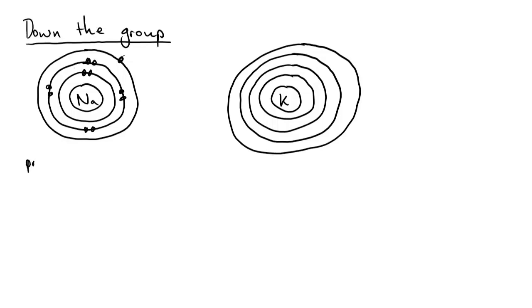So the proton number is equal to 11, whereas the proton number here, as we saw from before, is equal to 19, and so we've got 2 being filled here, then 1, 2, 3, 4, that's 10, 11, 12, 13, 14, 15, 16, 17, 18, and then 19.